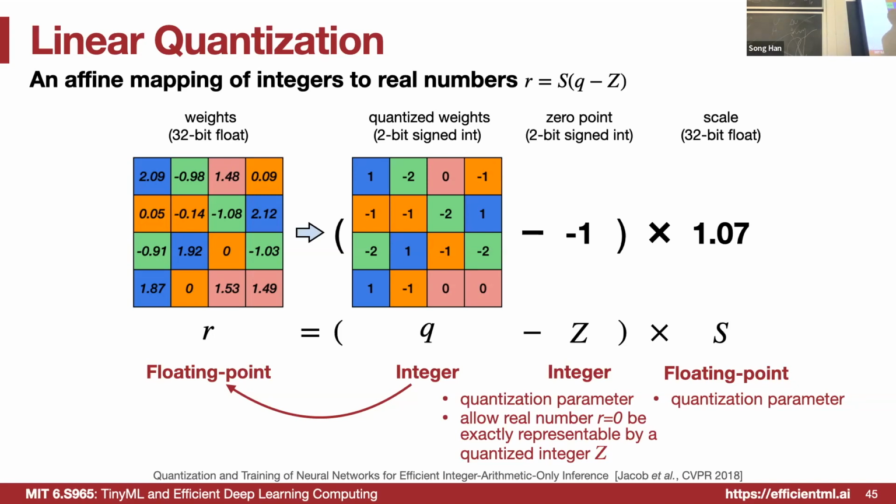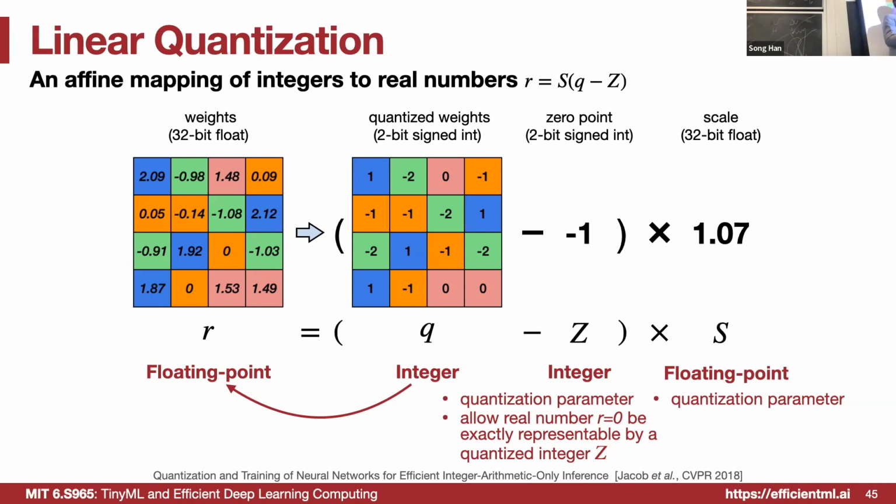It is again another quantization parameter we have to decide before the inference time, which allows the real number 0 to be exactly represented by the integer number z. Okay, so z will be mapped to 0. Okay, so this integer value z will be mapped to the value 0 in floating point.